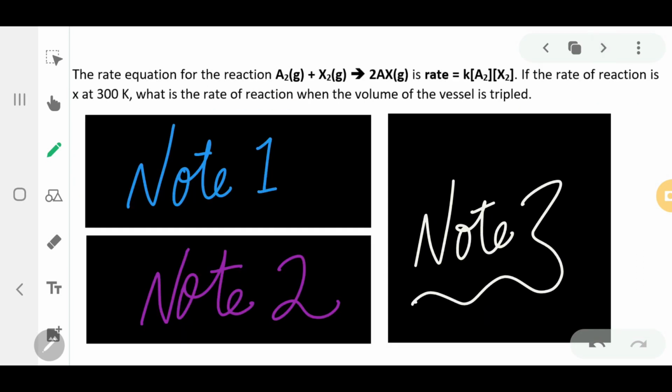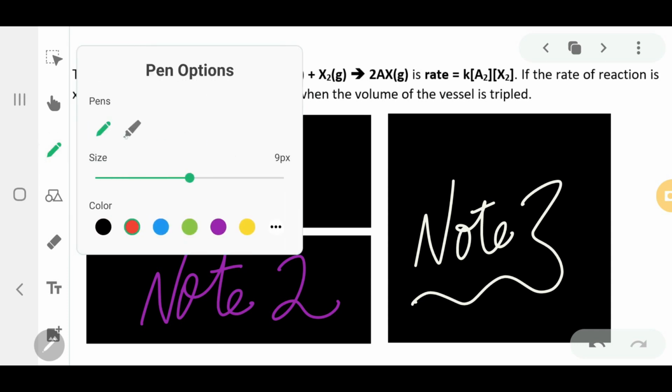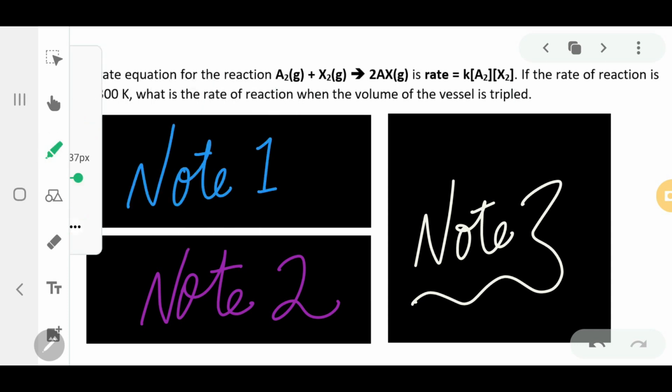Next is this question. The question is now slightly more difficult because it gives you information that the volume of the vessel is tripled. So how do you do that? Just now we were dealing with pressure and concentration. That is quite easy when you do the comparison with PV equals nRT.